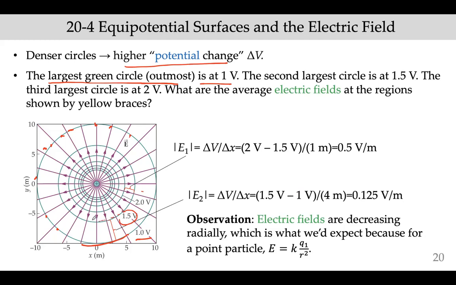Any point on this circle is 1.5 volts. And the third largest circle is at 2 volts. As you get closer and closer to the charge, you can see that the voltage, the potential, increases.